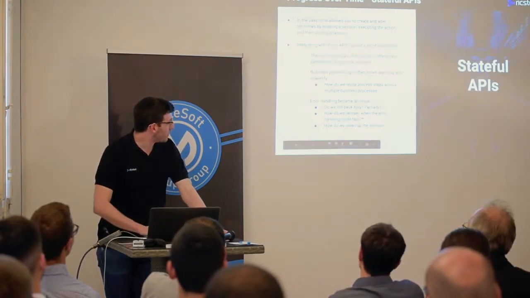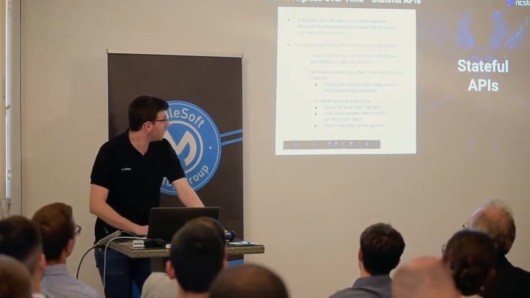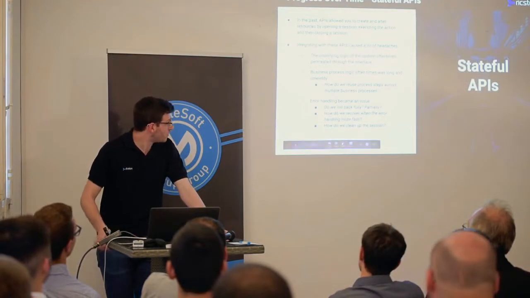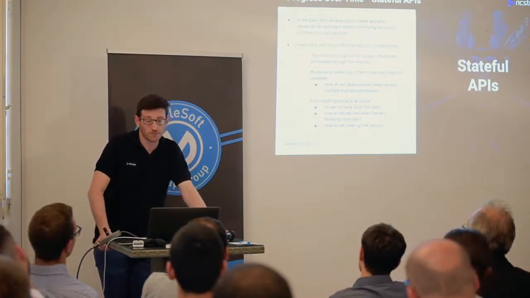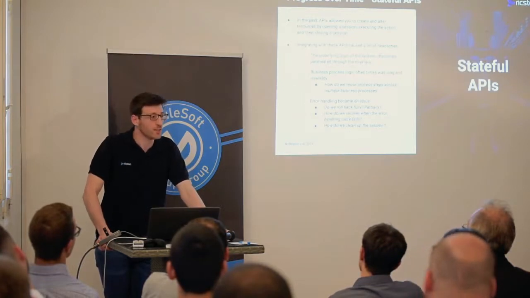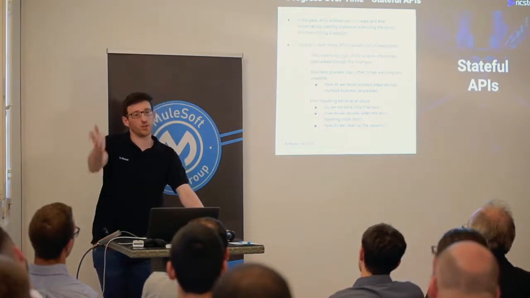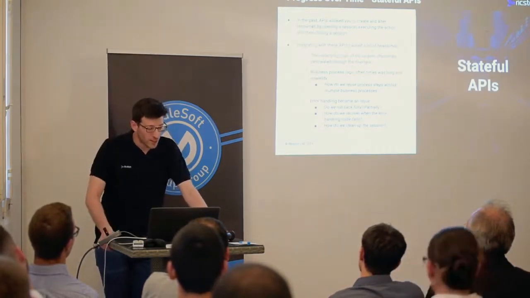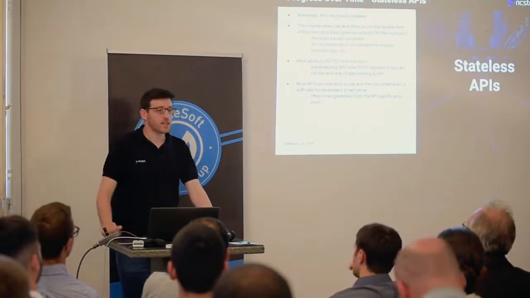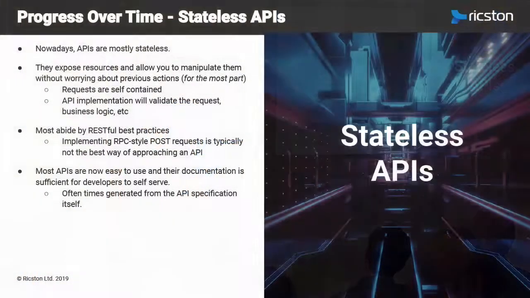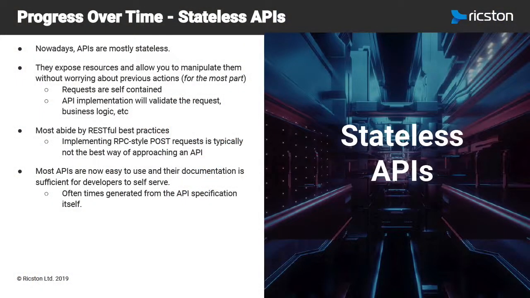In fact, some of the questions that tend to come up when it comes to stateful APIs is, when there's an error, how do we roll back? Effectively, how do we clean up the system based on the requests that came earlier? And how do we recover? Now, the solution to this is to build stateless APIs, and nowadays modern APIs tend to be stateless APIs.